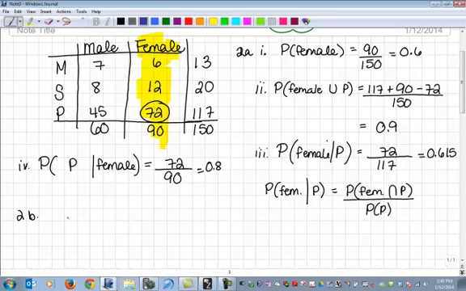So 2 ways that we could show this is we could show that the intersection of female and production worker is equal to the probability of female times the probability of production worker.